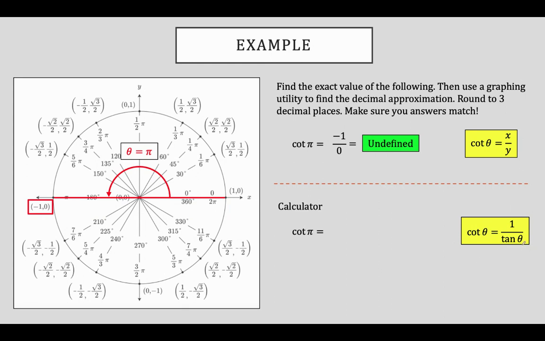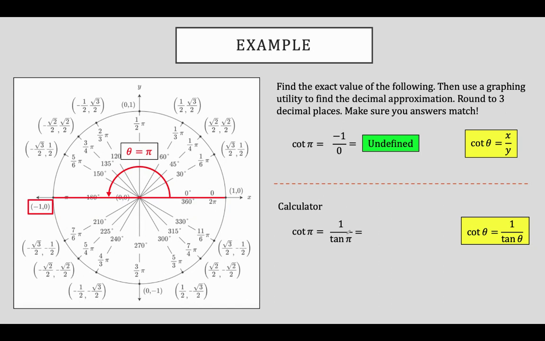Remember these reciprocal identities that we talked about at the beginning of the chapter. Cotangent of theta is equal to 1 divided by tangent of theta. So that means to evaluate cotangent of pi in my calculator, I type that in as 1 divided by the tangent of pi.